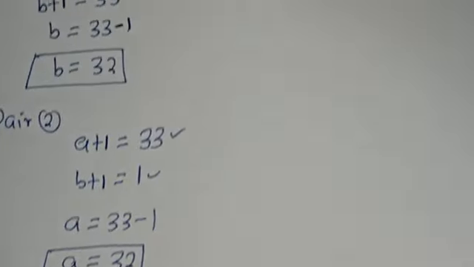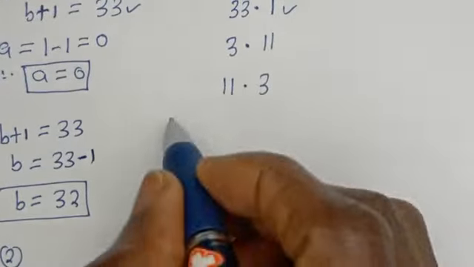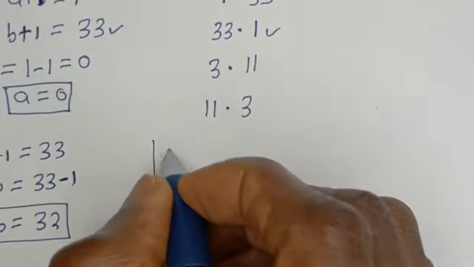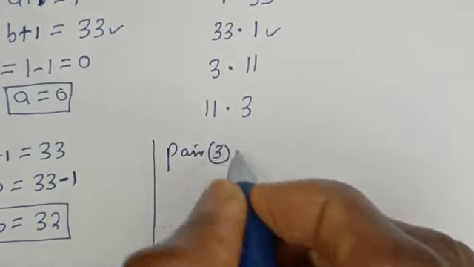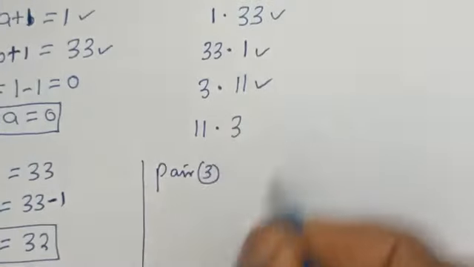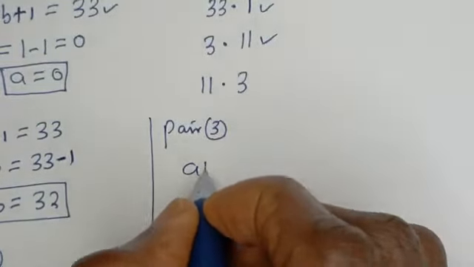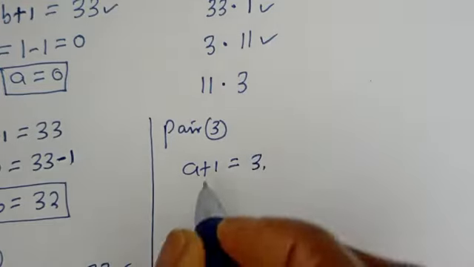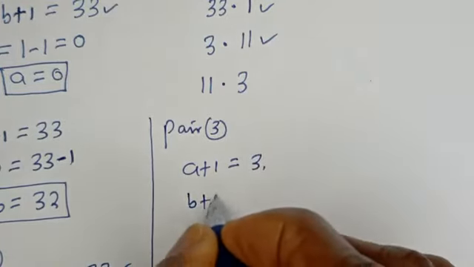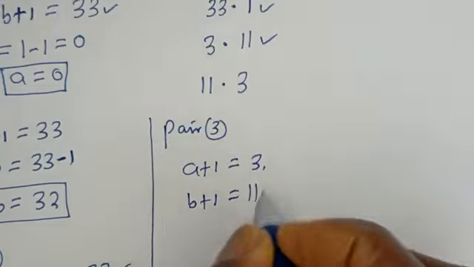Let's consider the third pair. From pair 3, that is this, we have a plus 1 is equal to 3. b plus 1 is equal to 11.